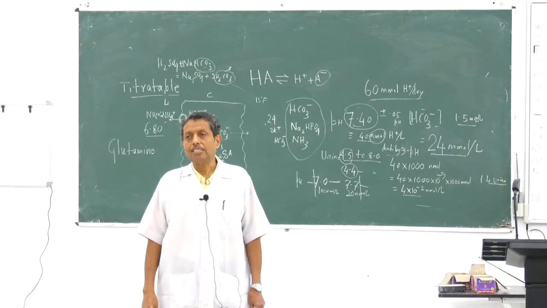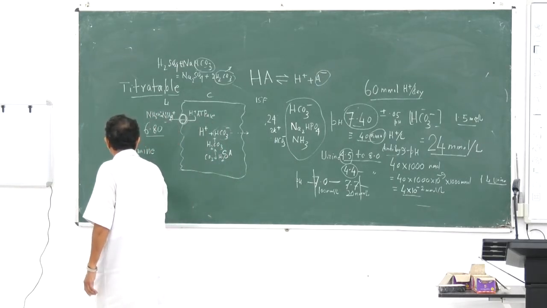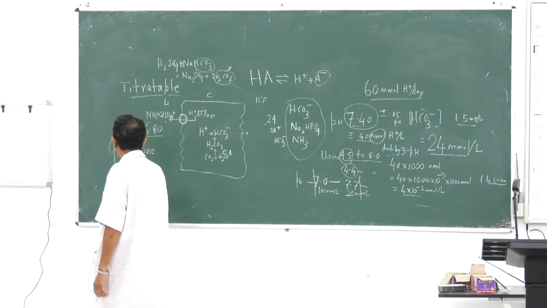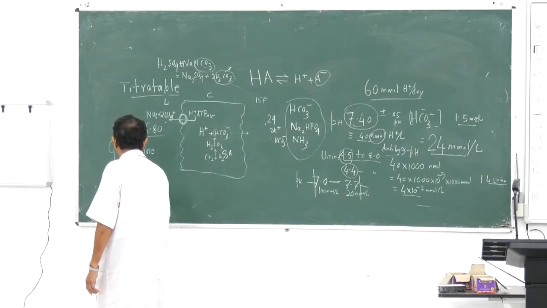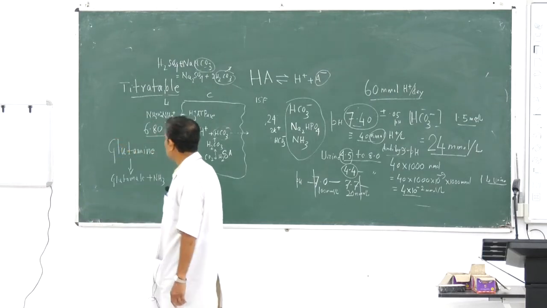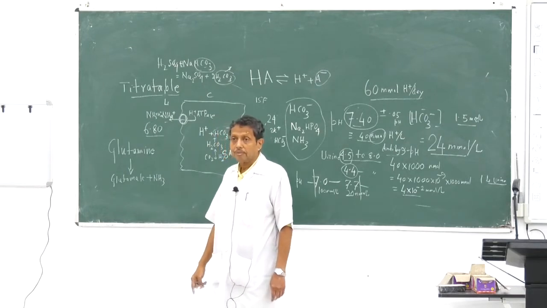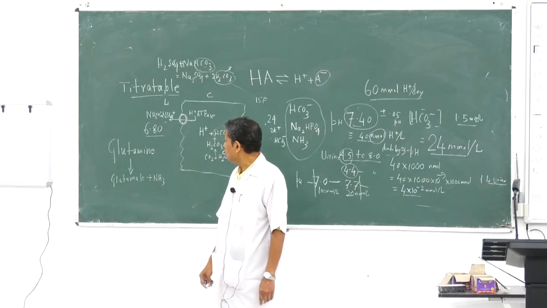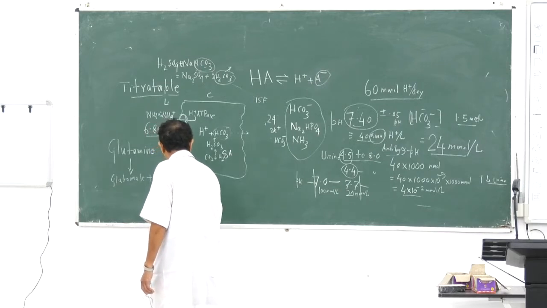This glutamine gives rise to glutamate by the glutaminase enzyme, producing glutamate and NH3. In the table it is shown in the NH4 plus form, whatever it means, but it is in equilibrium with NH3 plus H plus.